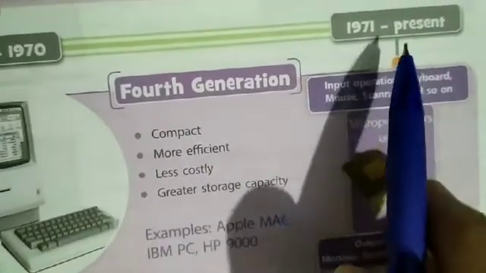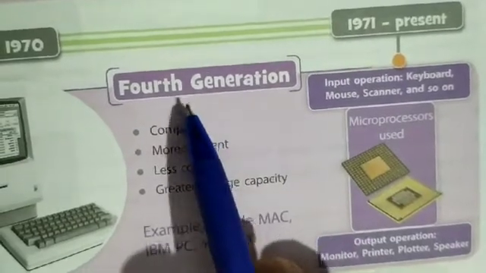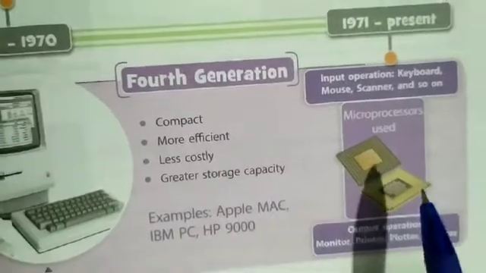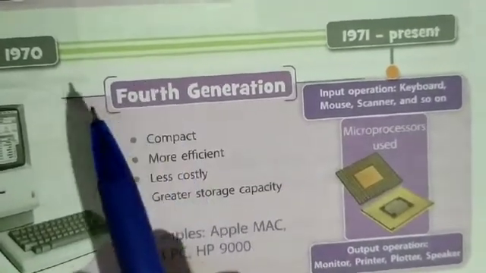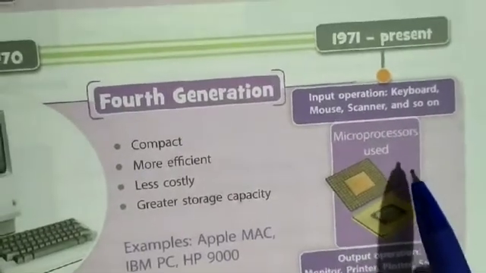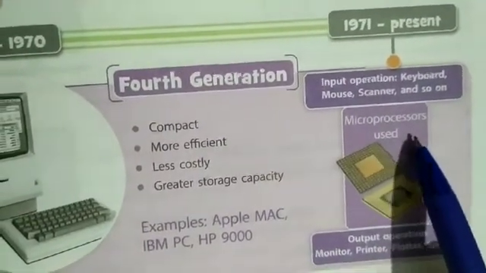The generation started from 1971, and in this fourth generation computer, instead of ICs or integrated circuits, microprocessors were used. Nowadays we are using microprocessors.